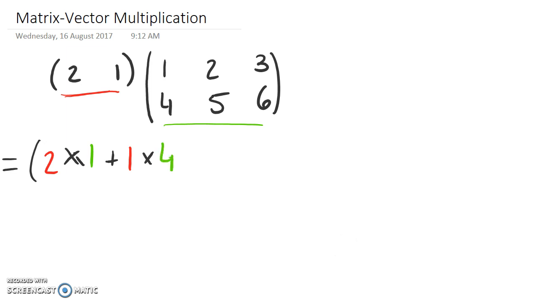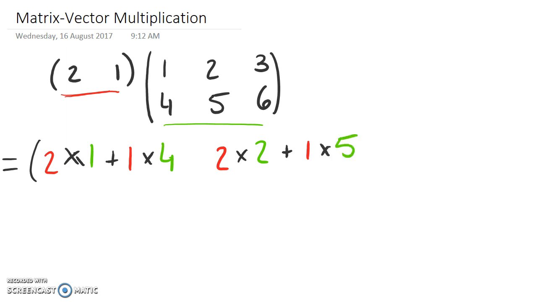The second element in our vector will have to be the first row multiplied by the second column. When we do that, we get 2 times 2 plus 1 times 5.